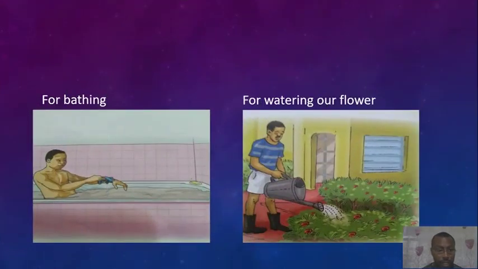Now the next one is for bathing. You can see the person there is in a bathtub taking his bath. So we use water for bathing. And the next one, for watering our flowers. If we want our flowers to grow, we need to water them. So we use water to water our flowers.